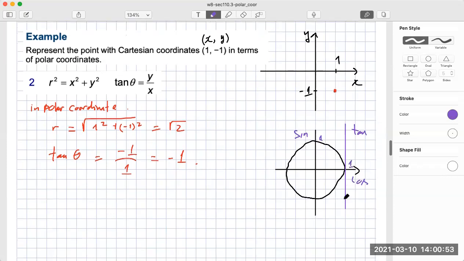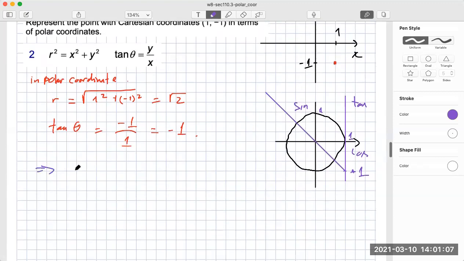So the negative is when y is equal to x. So when tan theta is equal to -1, therefore theta would be negative pi over 4. If we go in the negative direction, it would be negative pi over 4, right?